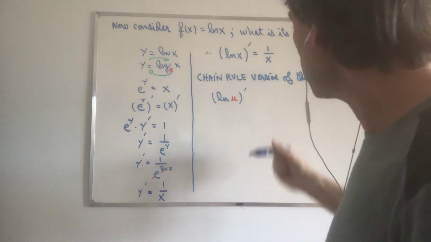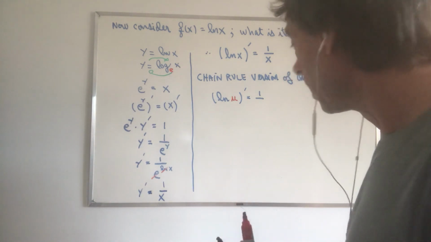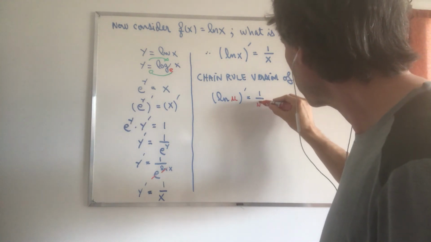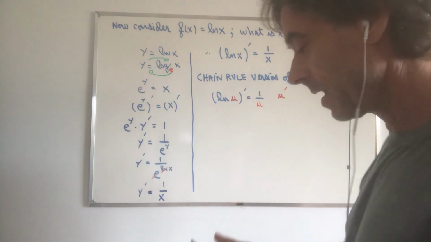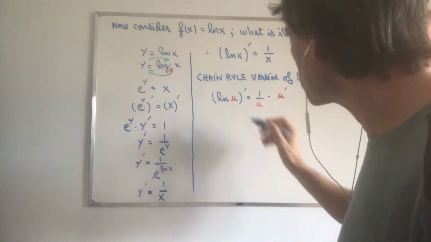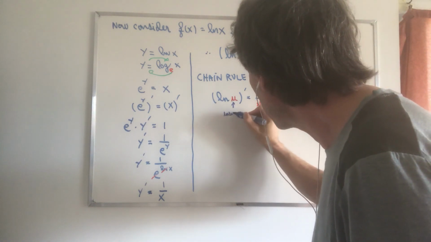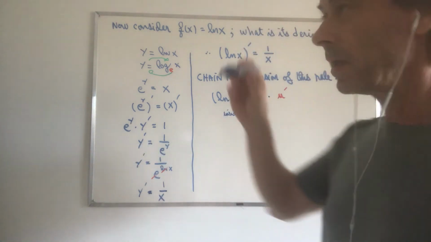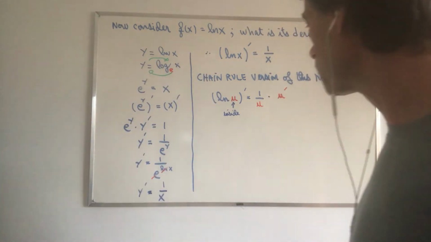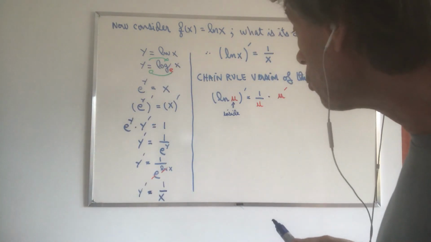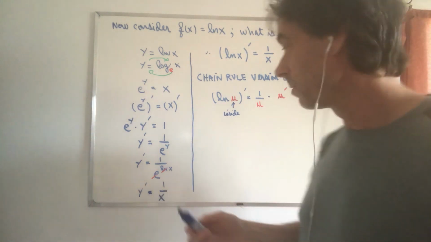That's going to be 1 over, instead of x, 1 over u. And what is characteristic of the chain rule? You actually end up multiplying the answer by the derivative of the inside. So that is your inside, right? Just like e to the u, where the exponent is inside the e in a certain sense. So we have two new rules, e to the u prime and ln u prime.